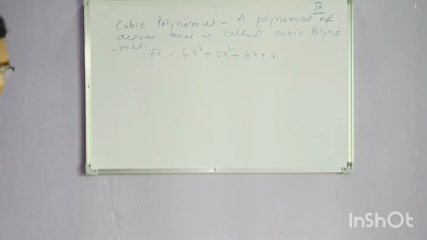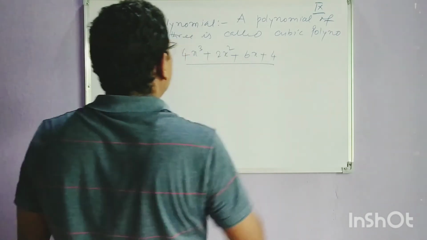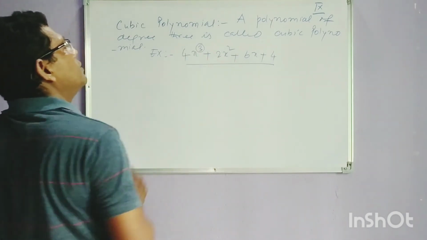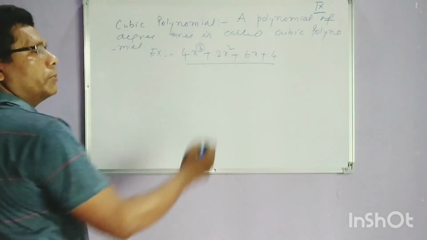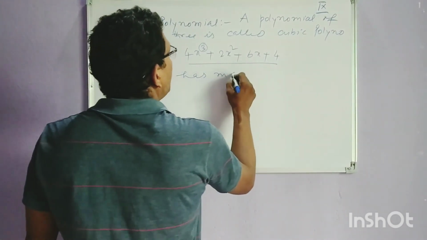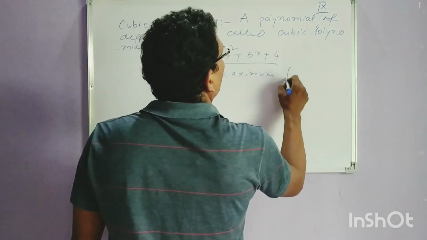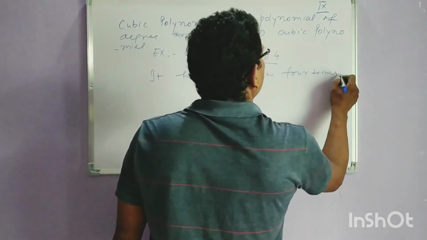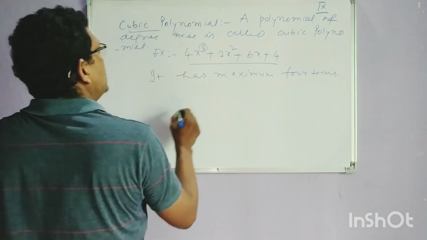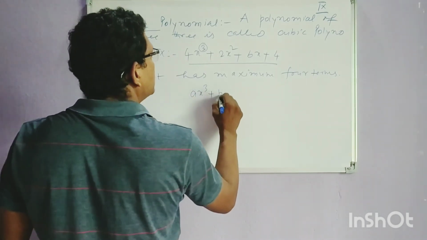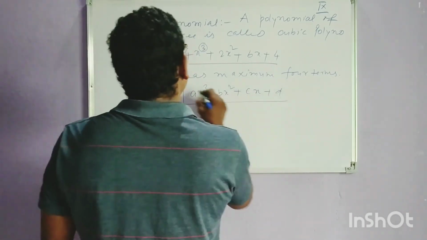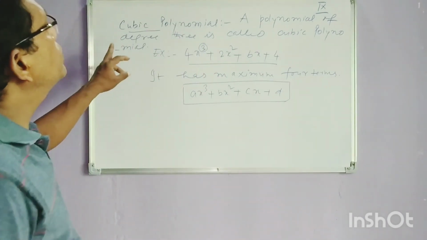In this expression, we see the variable x has maximum power 3. So, it is a cubic polynomial. It has maximum 4 terms. Clear? And the general form of cubic polynomial is ax cube plus bx square plus cx plus d. In this form, we normally represent cubic polynomial.